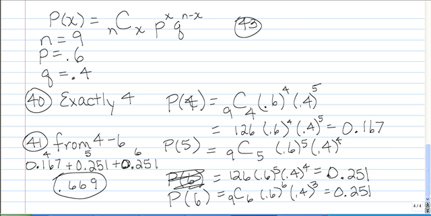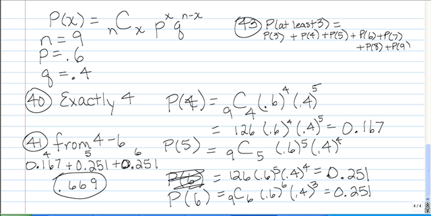The probability of at least 3 means 3, 4, 5, 6, 7, 8, 9. So we have to calculate all of these probabilities and add them together.